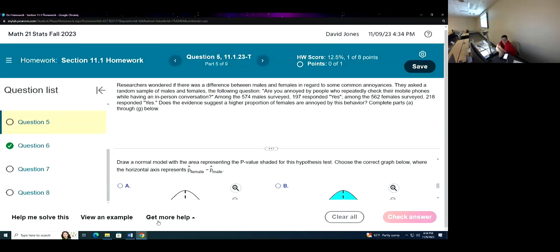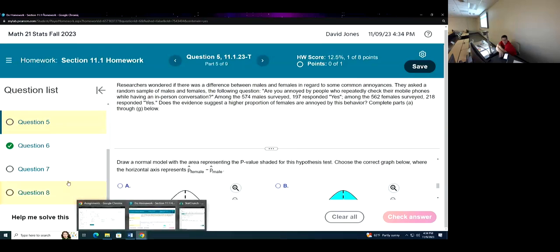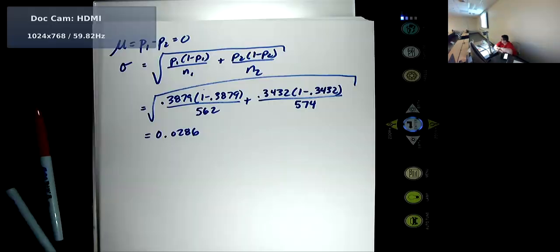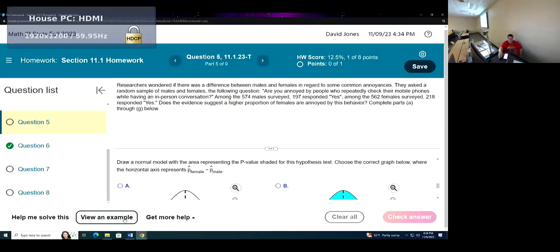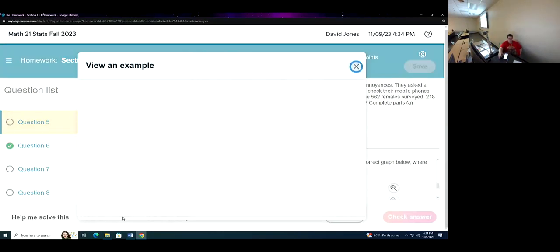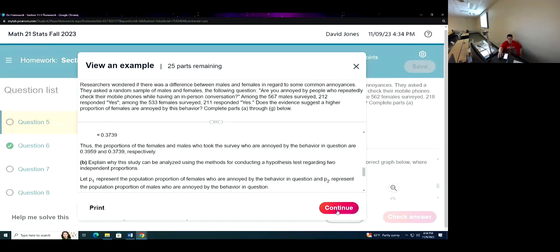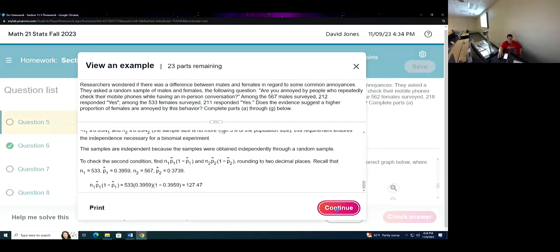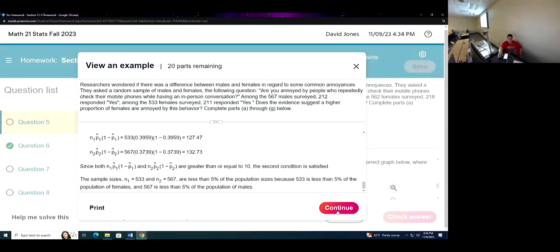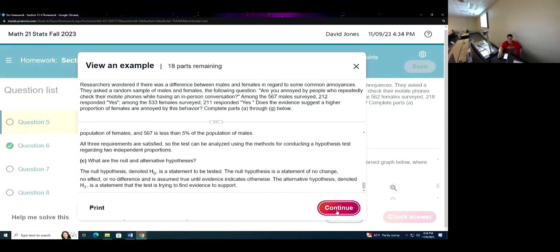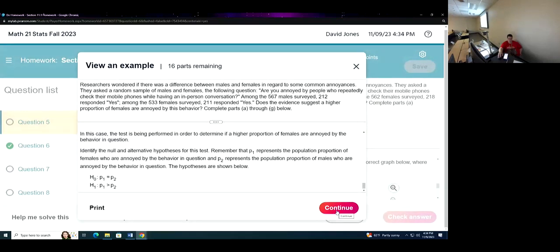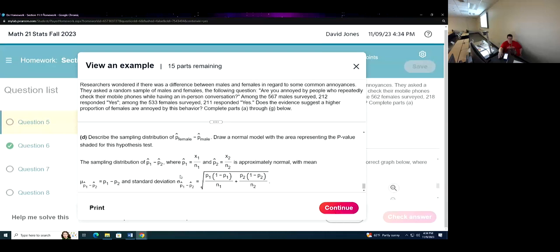Back to that screen, the information that you put in first, I just want to see. That one? No, the StatCrunch. Like what you put in there to try to get that. Oh, I did view an example and I scrolled down to D, because I'm working on D. And this is the formula I was using.